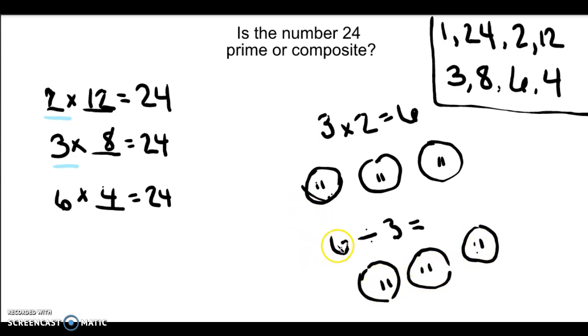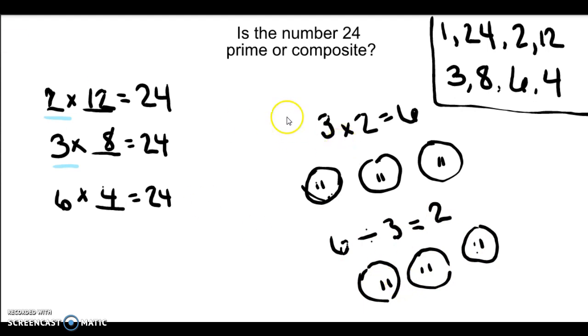All right, I got my 6 objects split up into 3 groups. You notice it's the same picture, right? How many objects are in each group here? Well, there's 2 in each group. So these 2 operations are just the opposites. This one is adding up groups, and this one is splitting up groups.